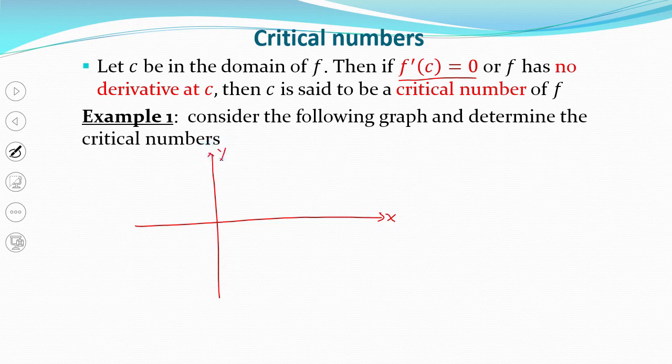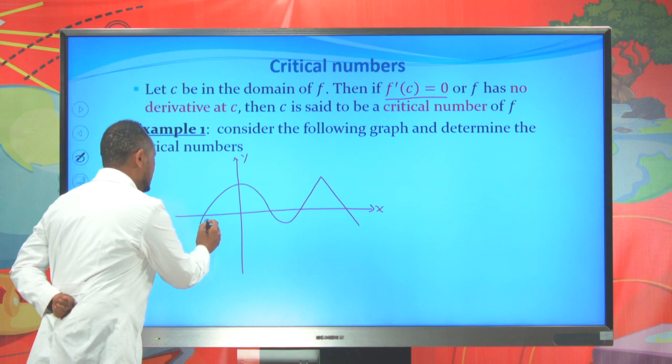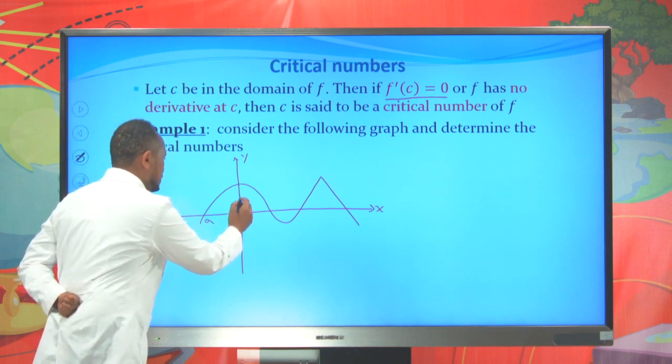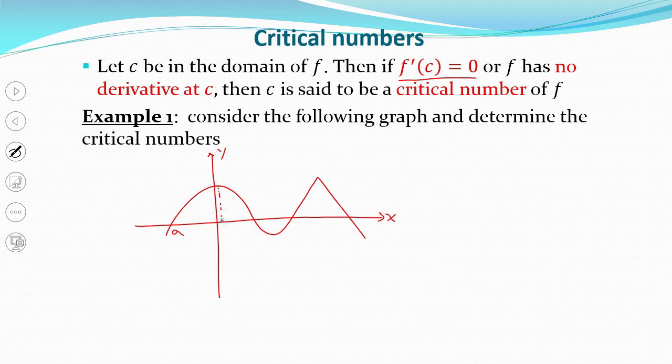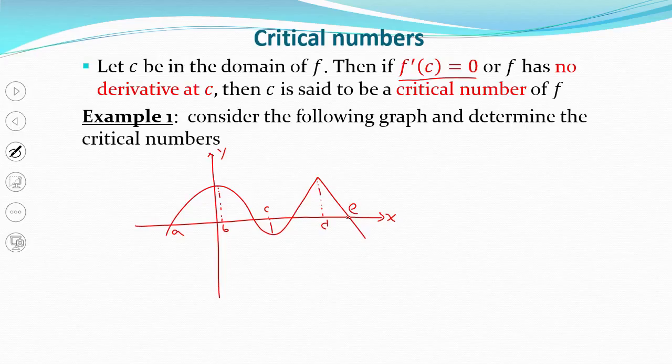If we have this graph and these different points, assume this point is A, this point is B, this point C, and this point D and E. From these points, which ones will be the critical numbers for this function f of x? Assume this function is f of x.